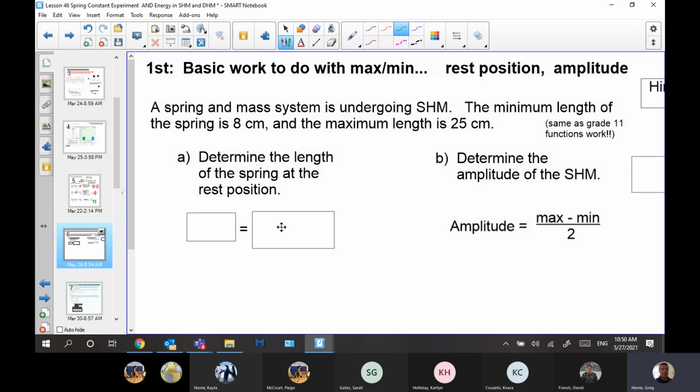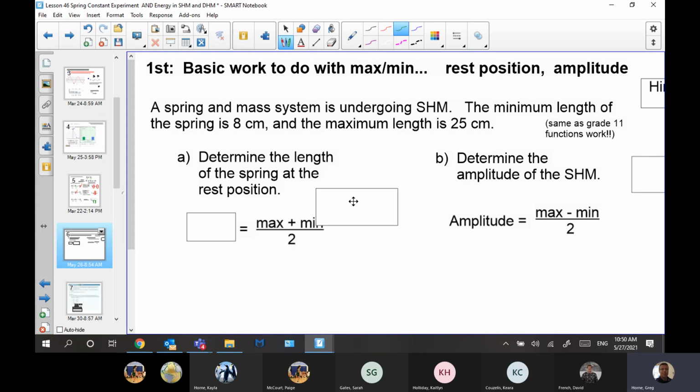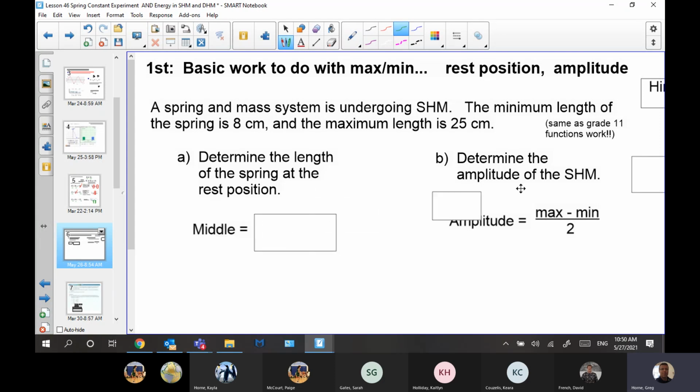This is the concept that leads to the number calculations. What about the rest position? Well, that's just the middle, right? We want to find the rest position to be the middle of the values, so you do max plus min divided by 2. This is exactly the same math as you would do in grade 11 for periodic functions, just for that portion of it, right?